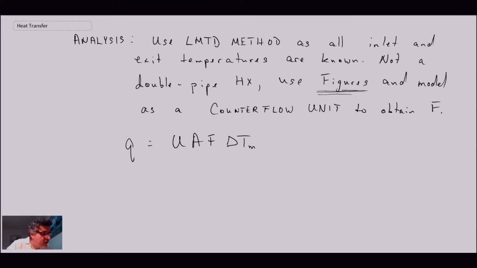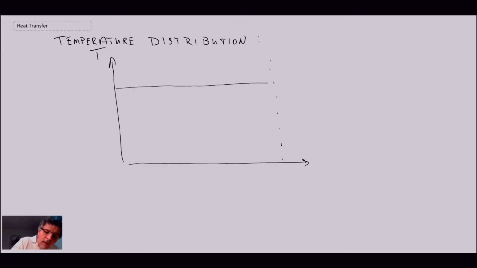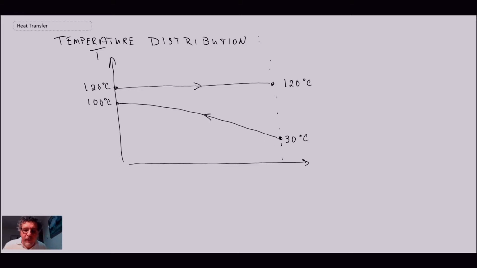So we're going to begin by sketching out the temperature distribution. Remember I said that that can quite often help you when you're solving these problems in order to understand what is going on. Okay, so we have our two fluid streams in the heat exchanger as shown.